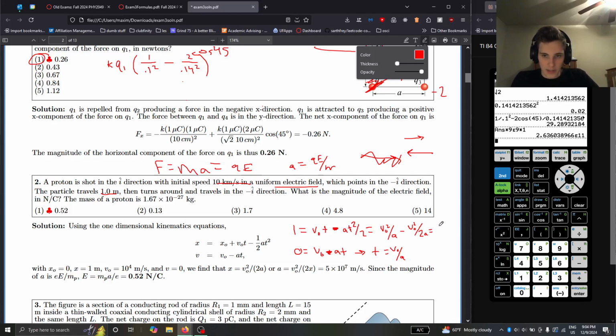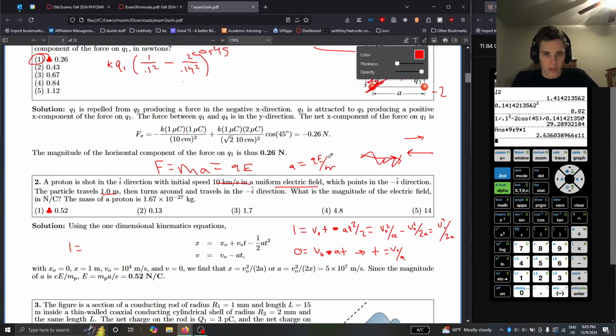And then that just gives us v naught squared over 2a. So now we have this one equal to all this, and this v naught is already solved. It's this 10 kilometers a second. I'll just keep it at v naught.